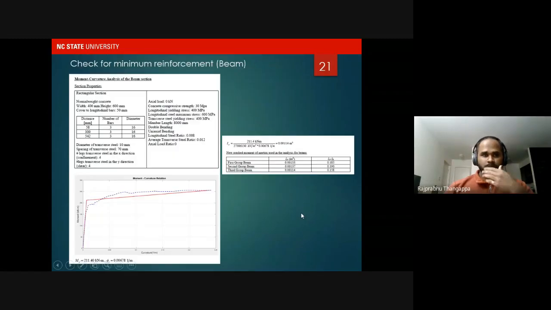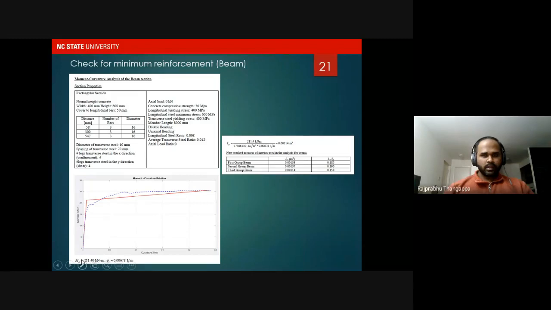So moving on further, we would have to also check the cracked section stiffness for minimum reinforcement in the beams and columns. So as we already discussed, this will be the reinforcement pattern for the beam, and using some available software, we can perform the moment curvature analysis, and this would give us the yield moment and the yield curvature for a particular cross section with a defined reinforcement pattern.